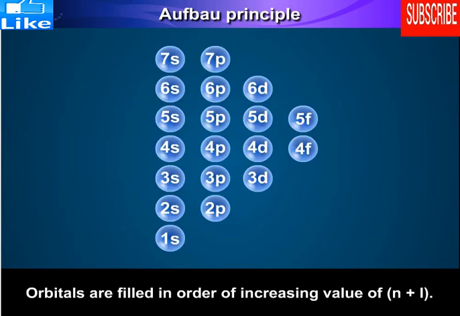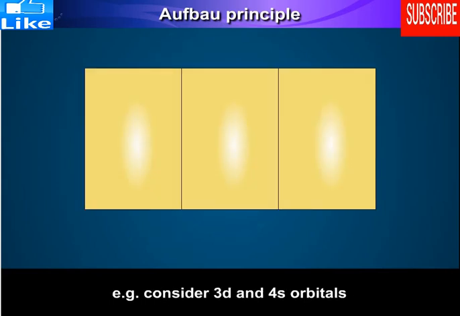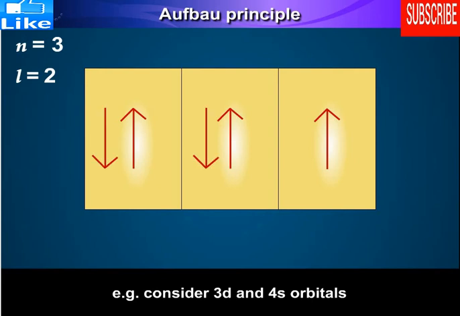1. Orbitals are filled in order of increasing value of n plus l. For example, consider 3d and 4s orbitals. For 3d, n is equal to 3 and l is equal to 2. Hence, n plus l is equal to 3 plus 2 is equal to 5.